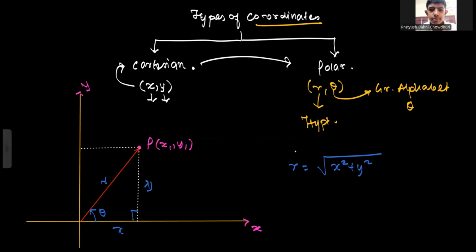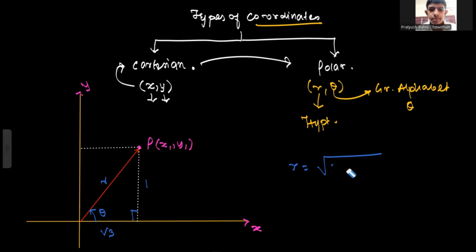Let me share an example. Suppose tan theta is 1 by root 3. This is 1, this is root 3. What is r? r is root over x square plus y square.